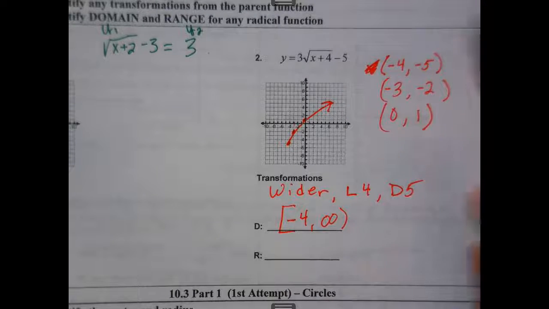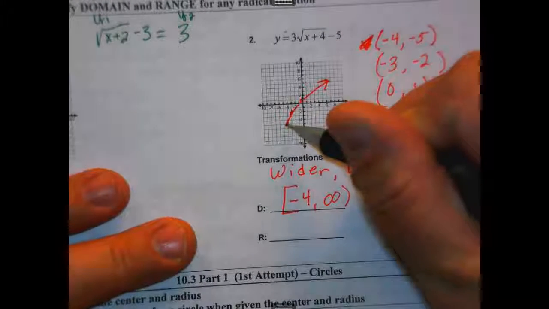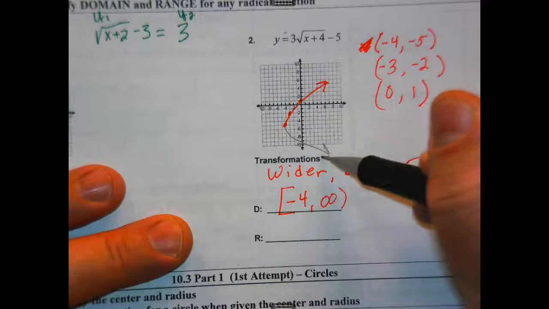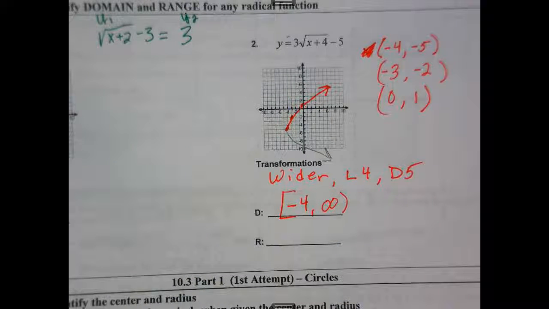No, because if this was flipped, if this was a -3, it would be going this way, right? Oh, I'm sorry. For the square root function in this class, yes, it's always going to be the number and then positive infinity.